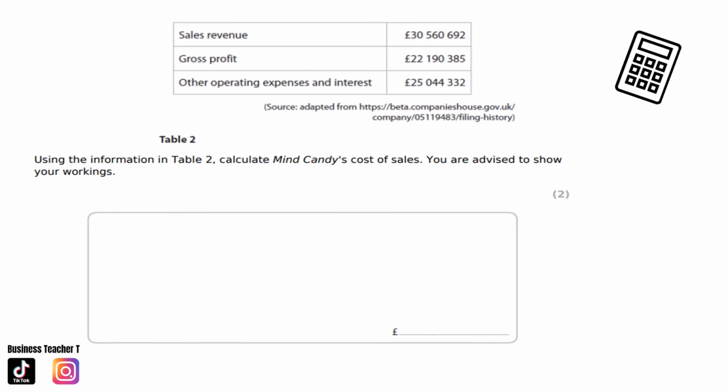Now, what we need to do here is put down the sales revenue figure, which is £30,560,692, and we need to subtract the gross profit, which is £22,190,385, and that gives us a total cost of sales figure of £8,370,307.